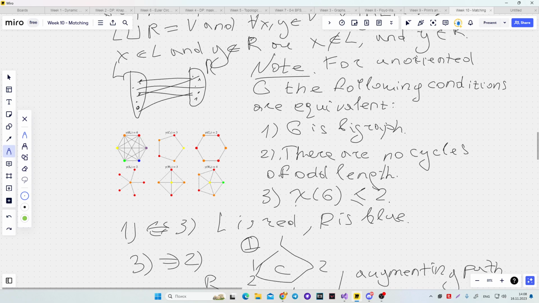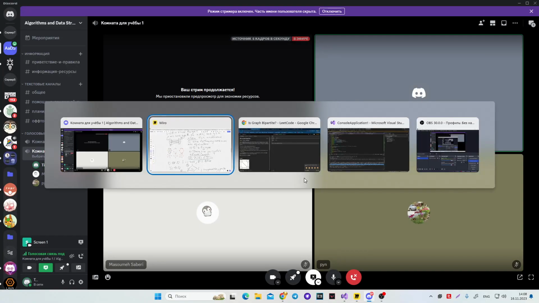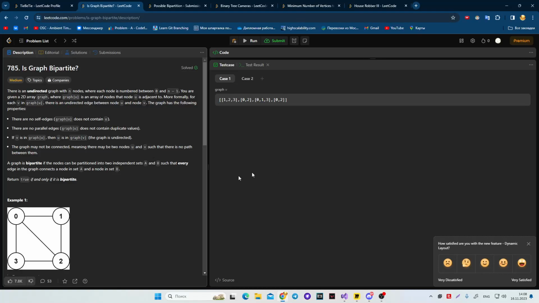Okay, we can apply this criteria to define whether this graph is bipartite or not. We just color, we just paint our vertices.